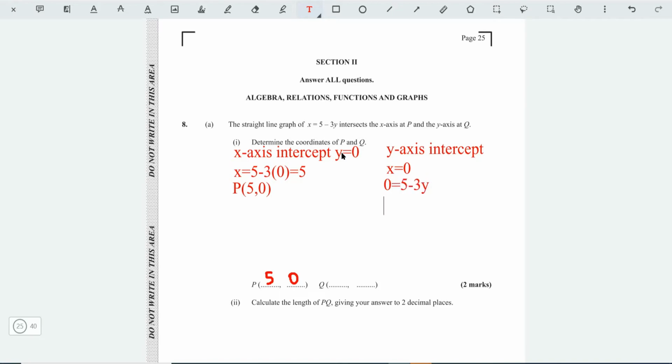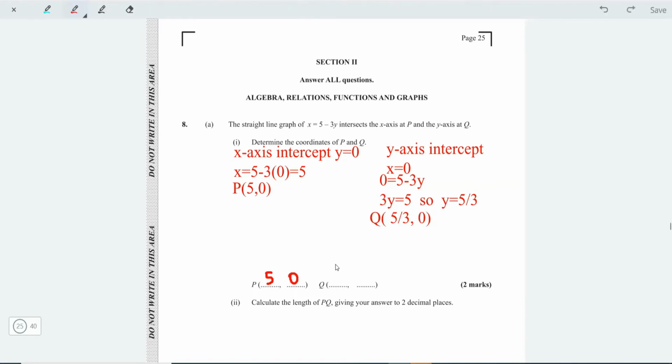We bring over 3y to get 3y equals 5, and so we get y equal to 5 over 3. So the y-axis intercept point, which is Q, is (0, 5/3). So we can just put that right there. 0, 5 over 3. Doesn't look too pretty.